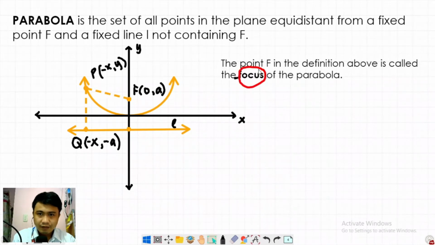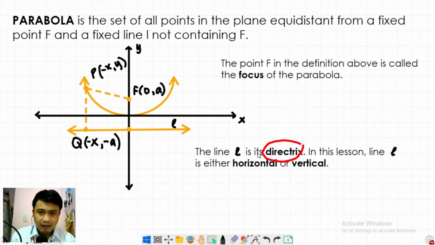The point F in the definition above is our focus. So, ito yung ating focus, itong point na ito. That is called the focus. And the line L is its directrix. This one. This is our directrix, itong line na ito.